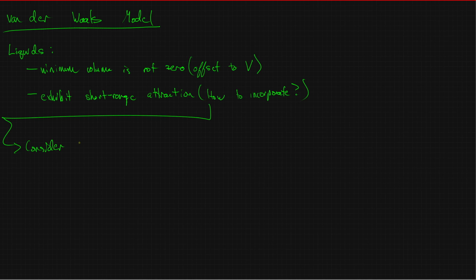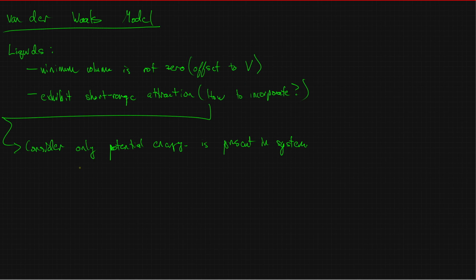Let's consider the potential energy. Let's suppose that potential energy is the only thing we're considering for the moment. We can relate potential energy to forces, right? Because from classical mechanics, we know that a force is equal to minus the gradient of a potential.